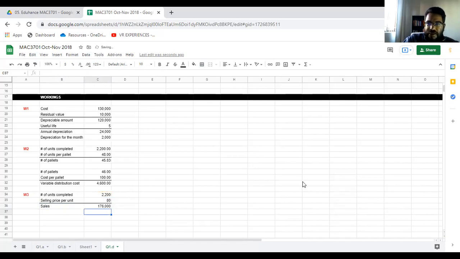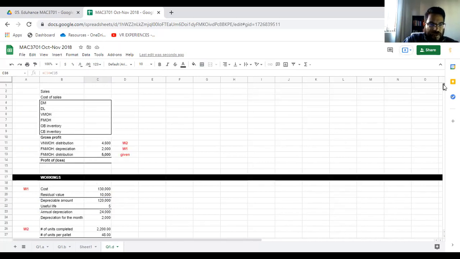So sales is 176,000 Rand. This is C36. So sales equals C36. It was working 3, right? Working 3.